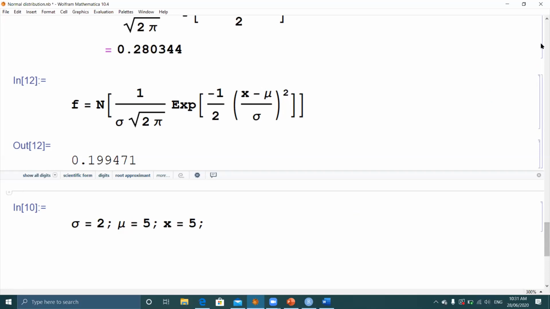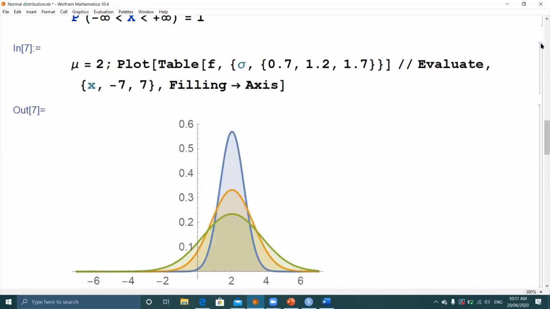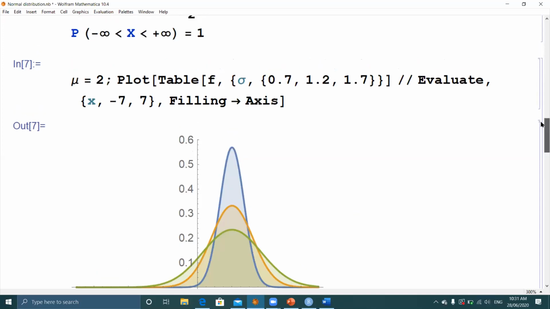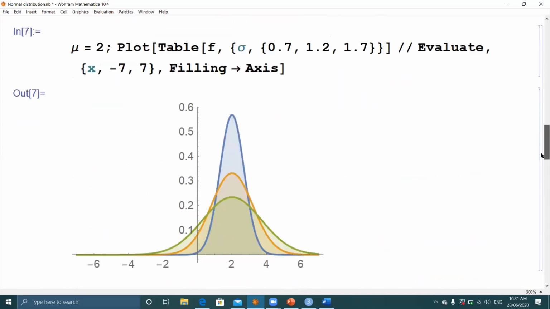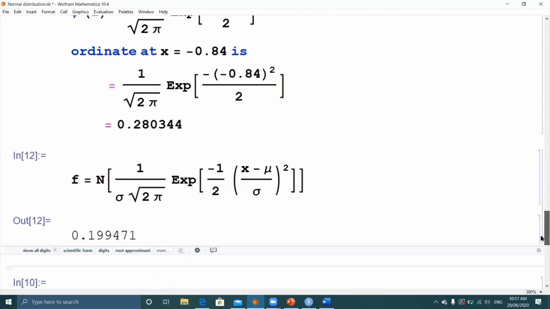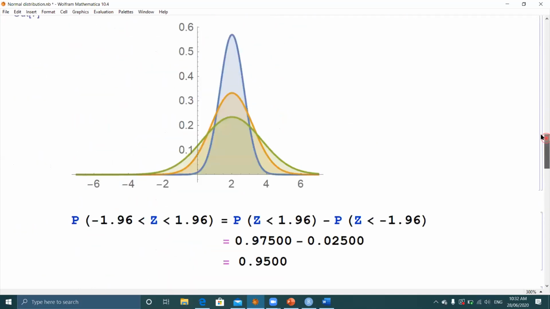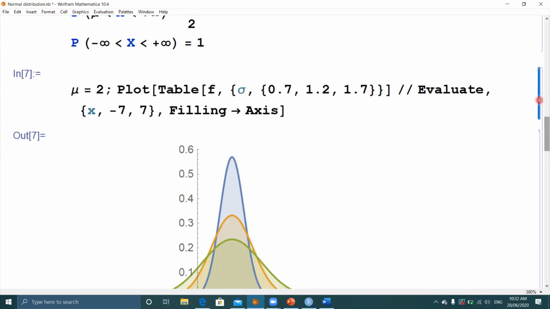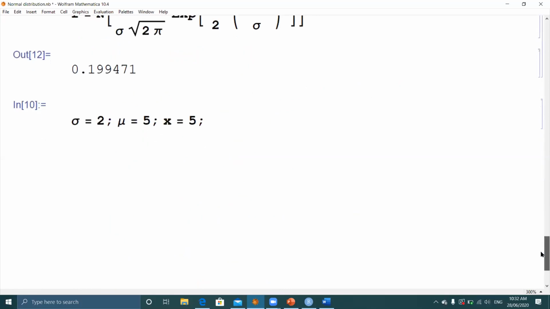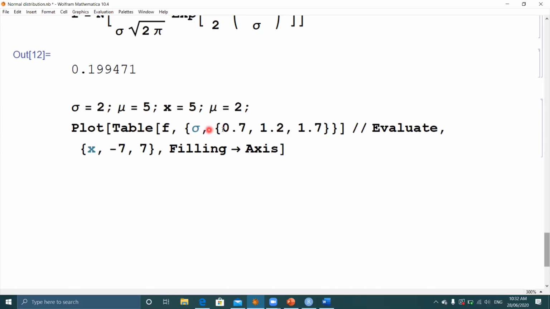So either way, you can get the value by substituting it, or you can study it by the figure. If I plot these values in the figure, for example, if I take this one and substitute, sigma is only 2.